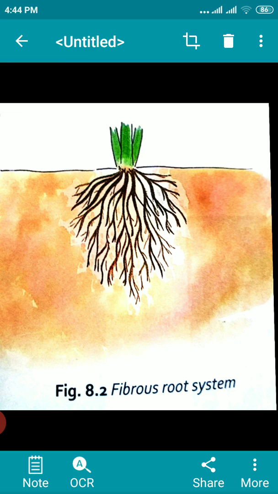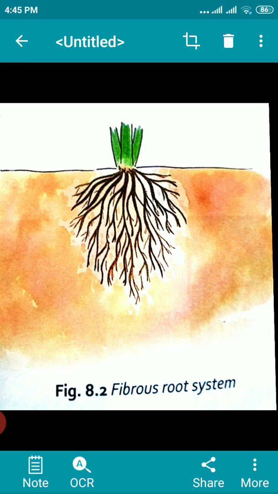The next one is it absorbs the water and minerals from the soil, and after absorption it transports them to the stem. So we can say it anchors the plant and it absorbs the water and minerals from the soil and passes them to the stem.